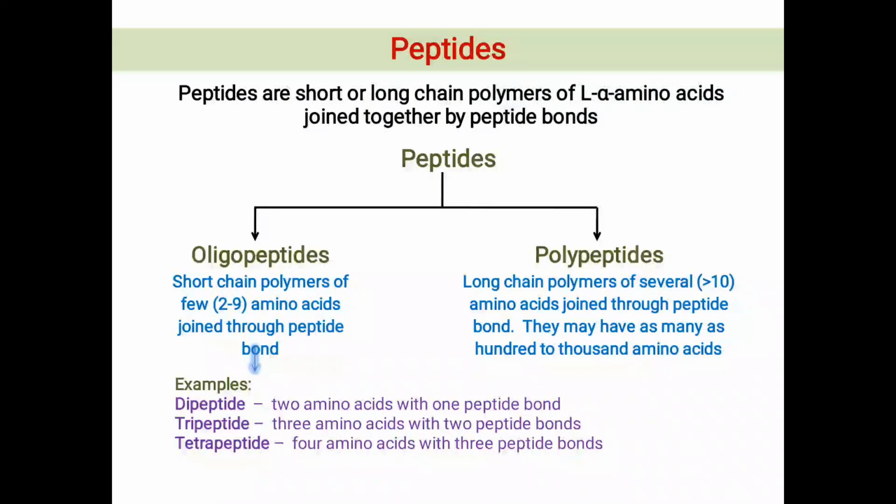These are the technical classifications, but in the real field of biochemistry, these terminologies are not followed. In general, the term peptide is used exclusively to denote short chain peptides, and the larger peptides are called directly polypeptides or proteins.